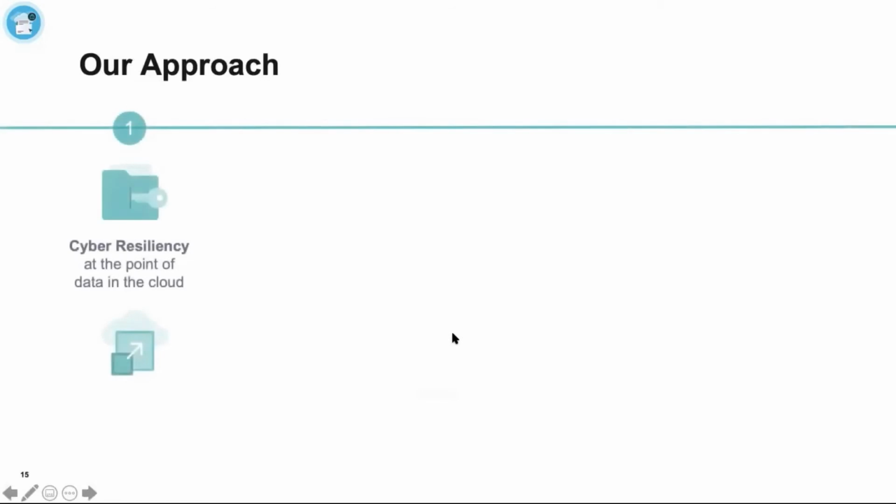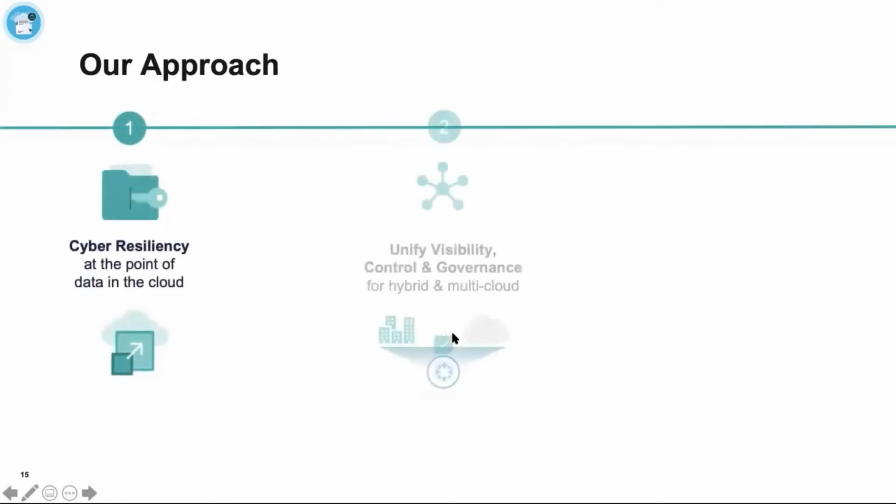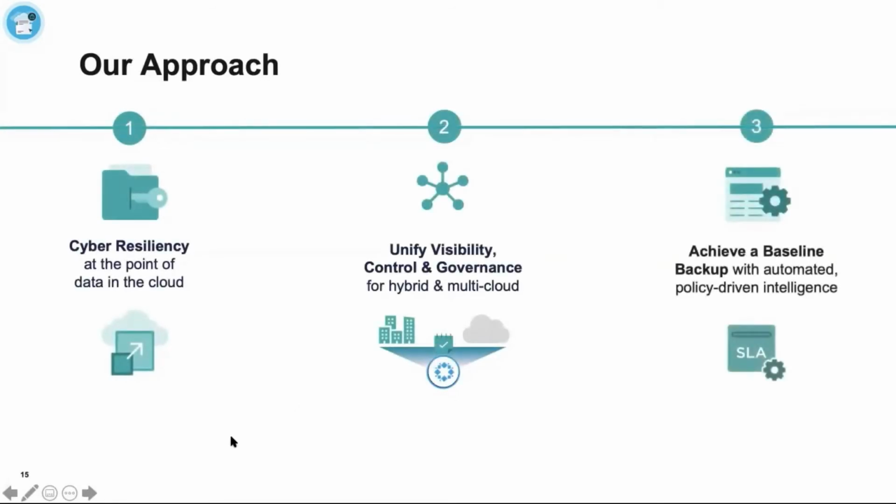What we've built is a solution that, from a business standpoint, really addresses these three things. And we'll show you how it works in the demo. But the first thing is resiliency at the point of data in the cloud, or this concept of zero trust data management. So with Rubrik, we're all about removing data from identity boundaries. For instance, creating air gaps in the cloud by taking snapshots from one AWS account and moving them to a different account altogether, and then putting dual factor authentication on the second account.